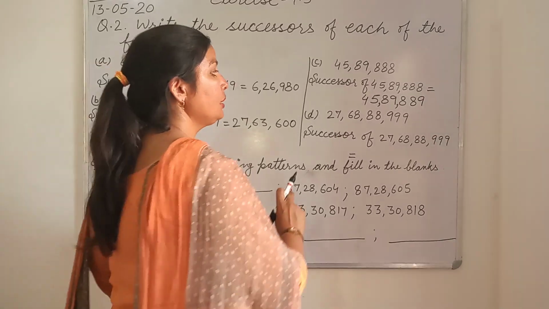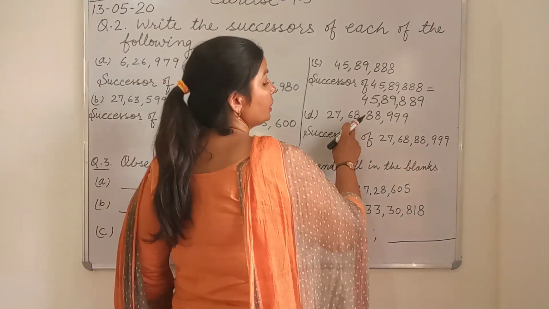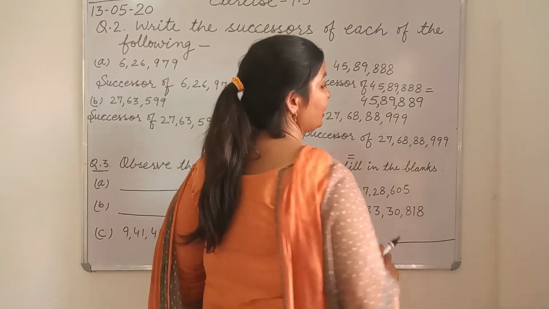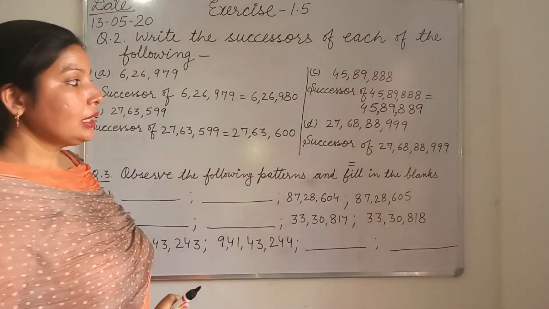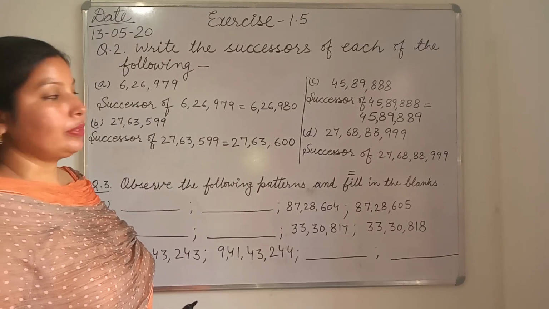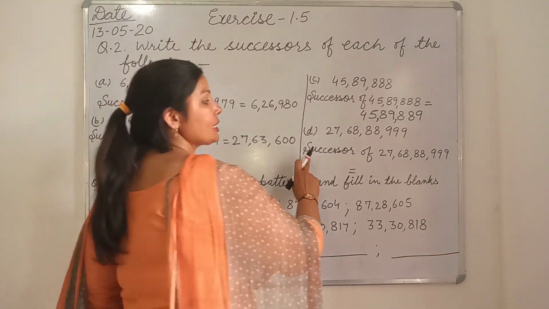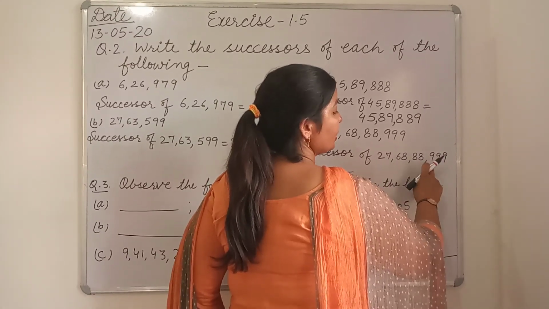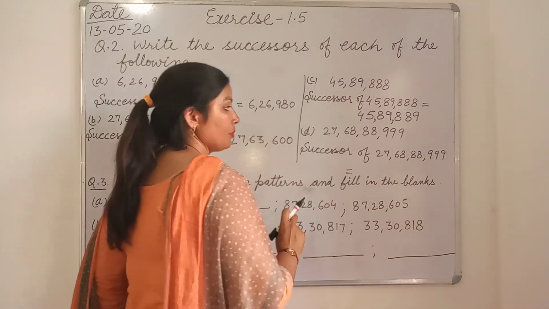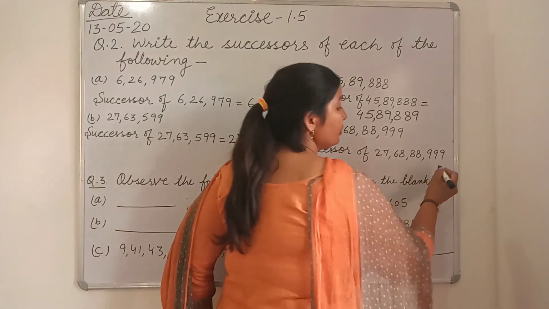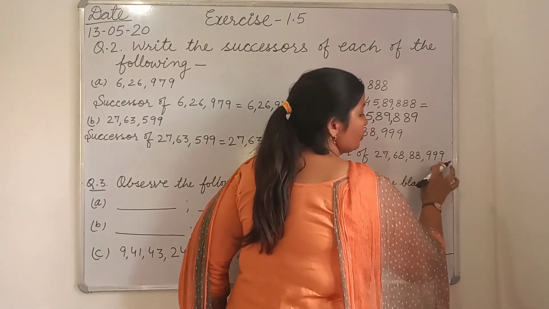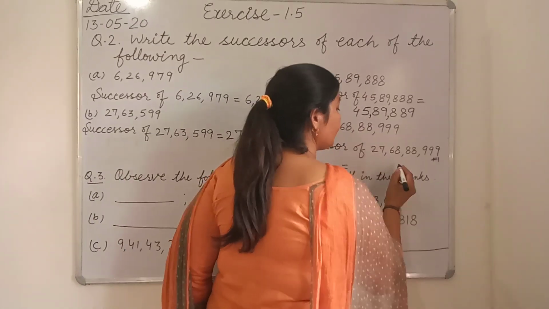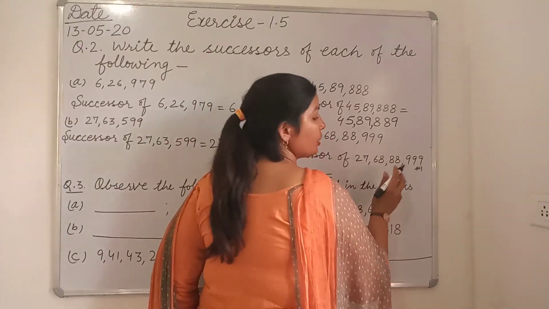Okay. Now it's D part. What is in D part? 27 crore 68 lakhs 88,999. Again we will do plus 1. So we'll write like this: successor of 27 crore 68 lakhs 88,999. Now we do plus 1 for finding the successor. 9 plus 1, 10, 1 goes carry.